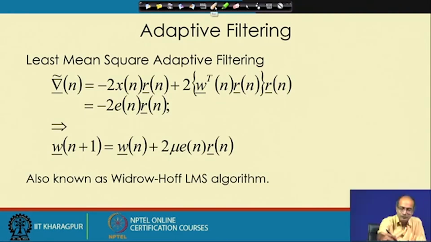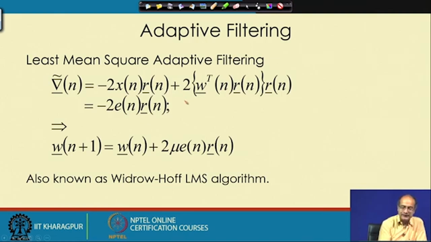Now we compute the gradient of the error with respect to the tap weight, and we get minus 2 x n times the vector r n, plus twice the dot product of the weight at instant n and the reference input r, both being vectors, times the vector r n.